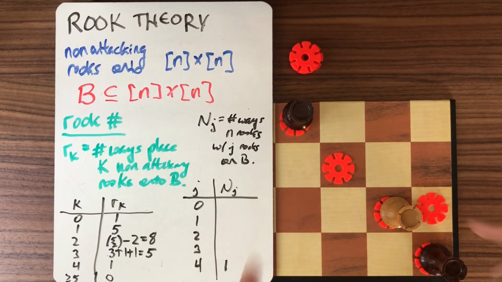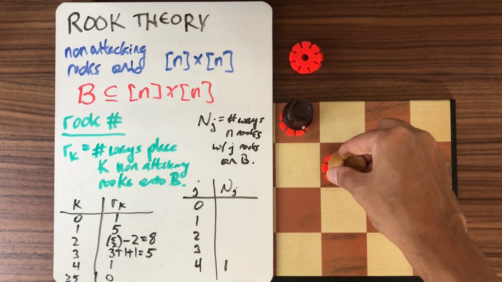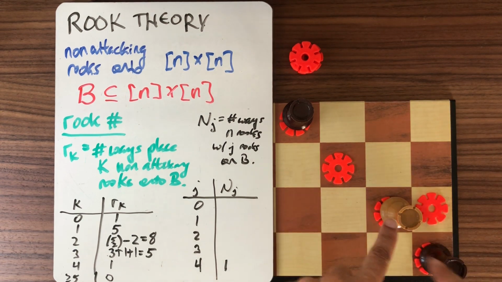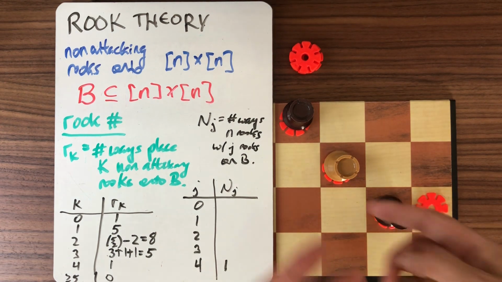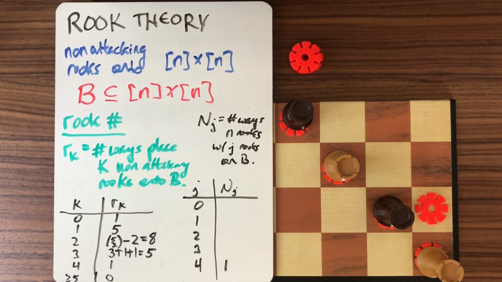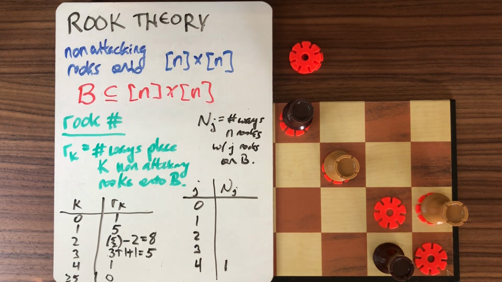I have to put him here. Once I pick these 3 cells, I'm forced by the non-attacking condition to put a rook here. So if this is the 3 in my subset that I pick, there's no way to do it. And similarly, any 3 that I pick on the diagonal forces me to be the identity, right? It forces me to have everything on the diagonal. So the only way I can get exactly 3 is in this way.